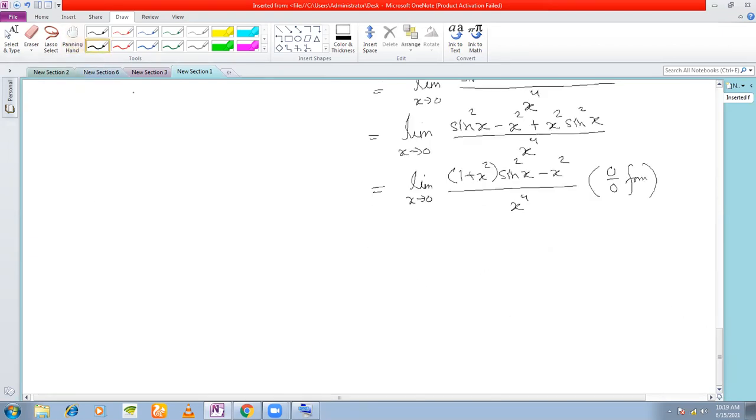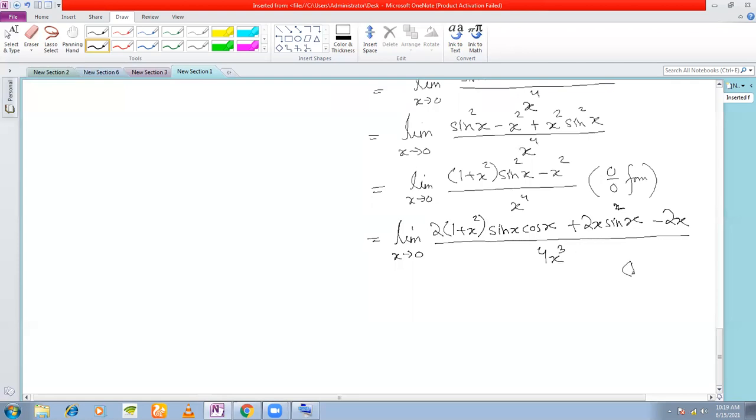Now you can apply L'Hospital's rule here. Twice 1 plus x square sine x cos x, sine 2x, plus 2x sine square x, minus 2x, divided by 4x cube. This is by L'Hospital's rule.